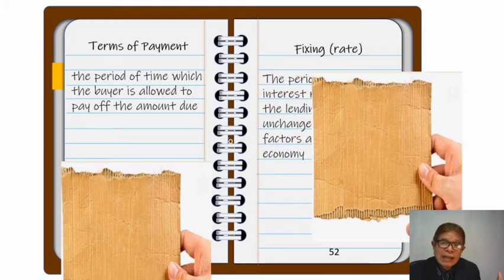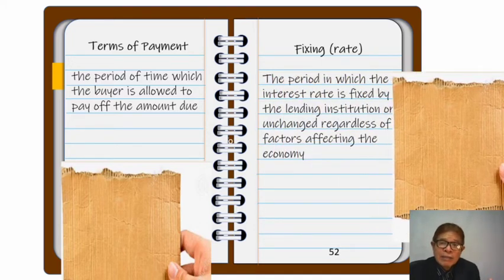What is fixing rate? Fixing rate is the period in which the interest rate is fixed by the lending institution, or unchanged regardless of factors affecting the economy. So it is an option. For example, 3 years fixing could be 6.99% for Pag-IBIG.